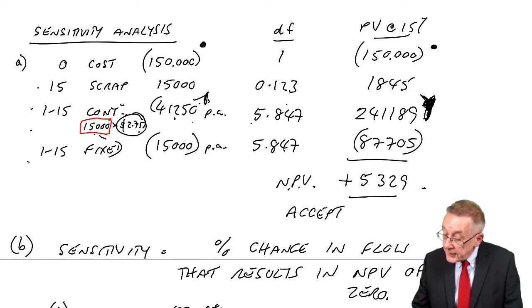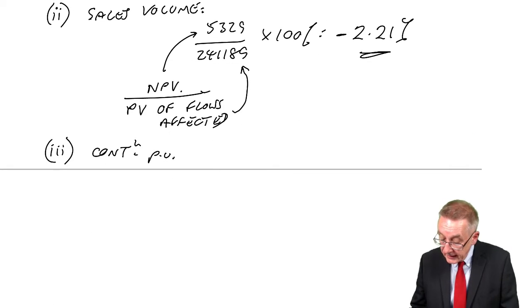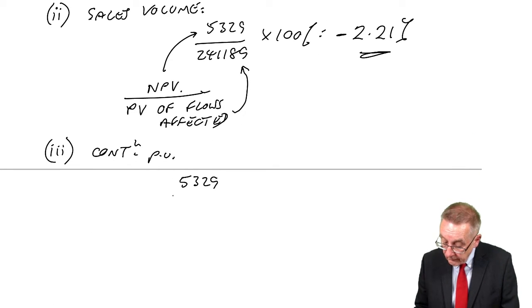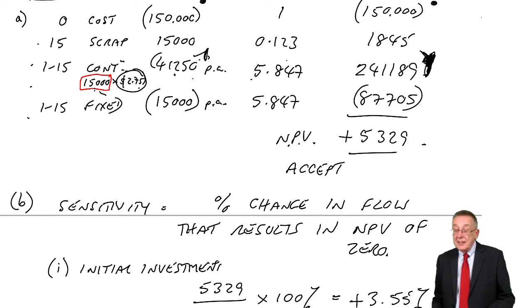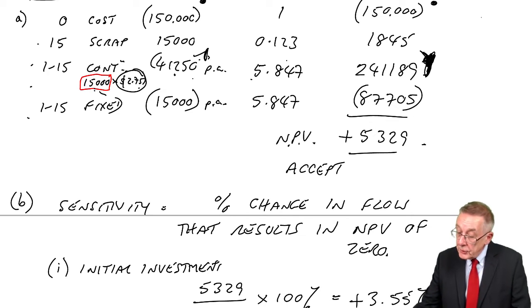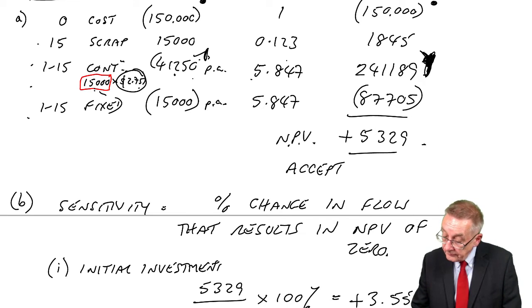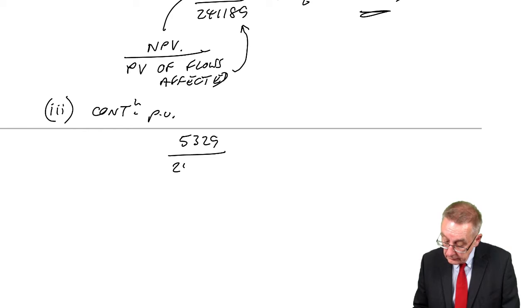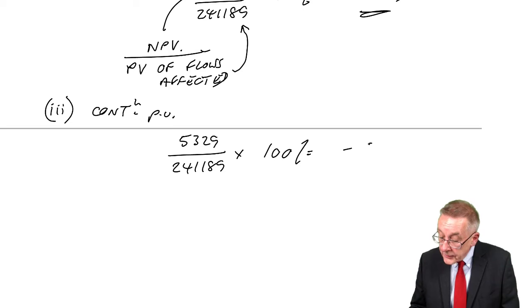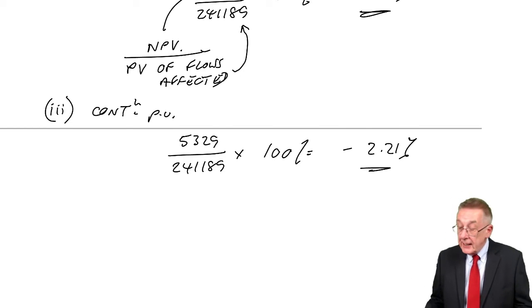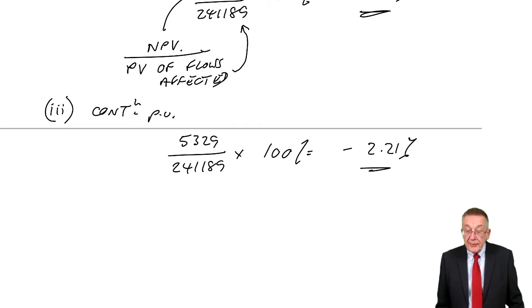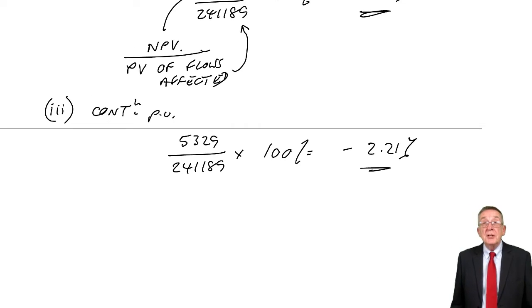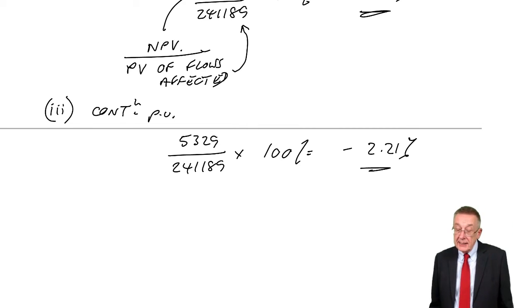And so again, it's the NPV of 5329 divided by the present value of the flow that's affected. As before, it's 241,189. And so in fact the sensitivity is the same as for the sales volume. Again, we're only worried if it falls, but if the contribution per unit fell by more than 2.21%, NPV will be negative.